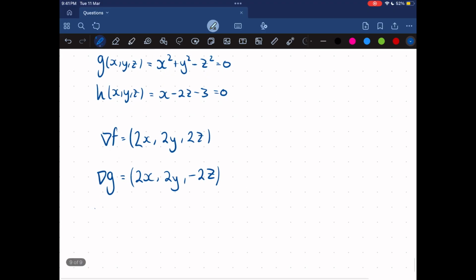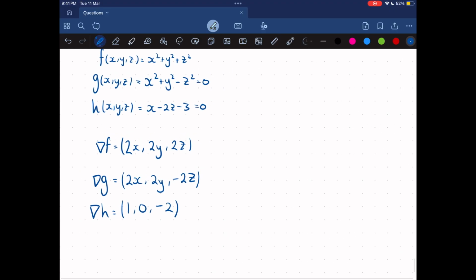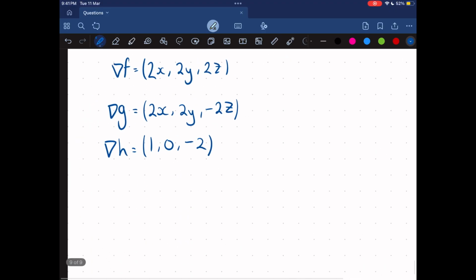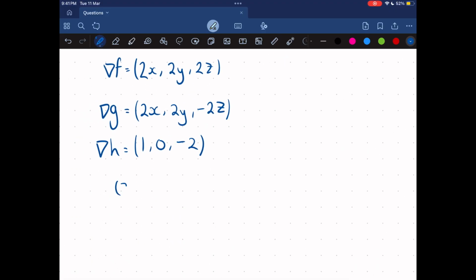And the gradient of h should be equal to 1, 0, negative 2. So now that we have all our gradients set up, we can set up our equation. I like to leave it in the vector form, and then I can read off easily.